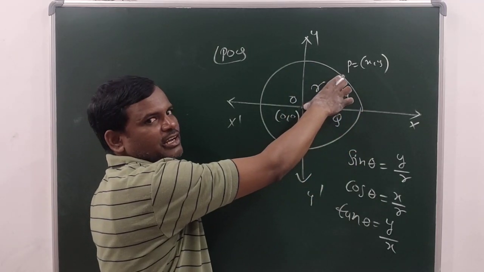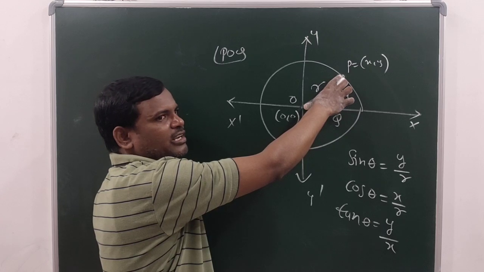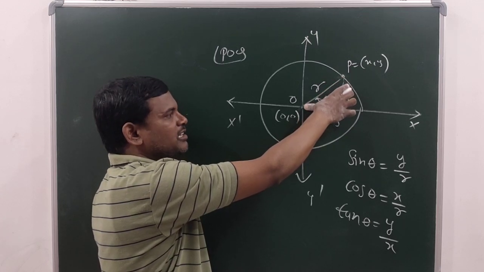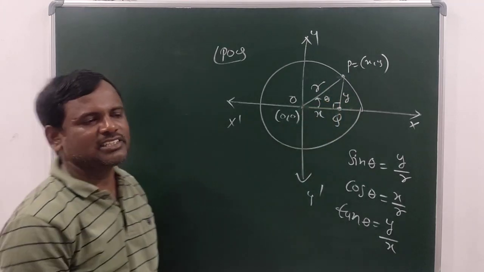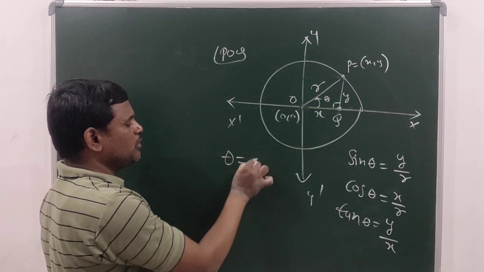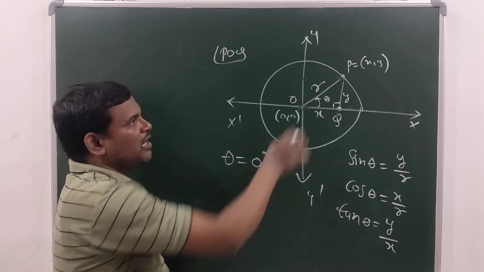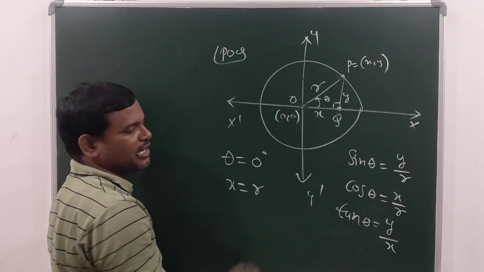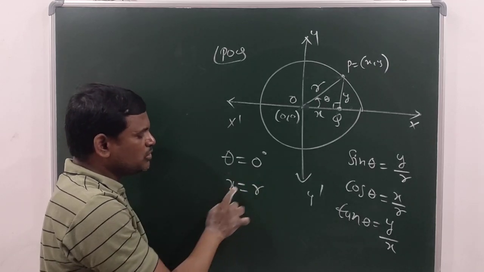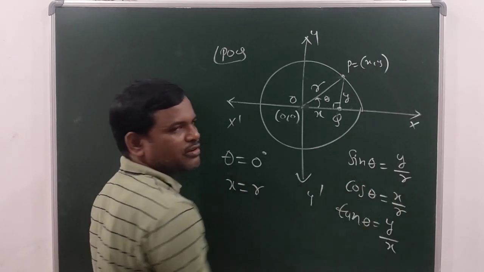When you rotate this terminating ray in the clockwise direction, whenever it coincides with the x-axis, your theta will be 0 degrees. And whenever it coincides with the x-axis, x equal to r you will get. Now theta equal to 0, x equal to r, substitute here.